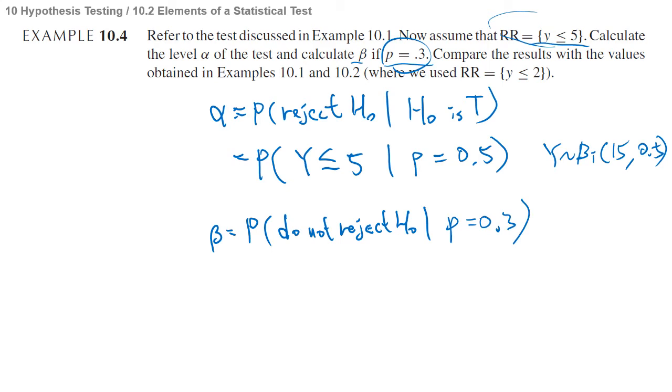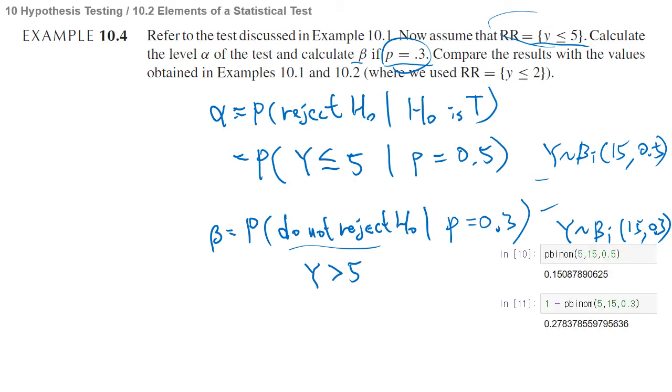And so in this case, y will follow a binomial distribution with 15 and 0.3. And from this information, you can use R to calculate the probability of these things. And here, not rejecting is actually the probability of y greater than 5.